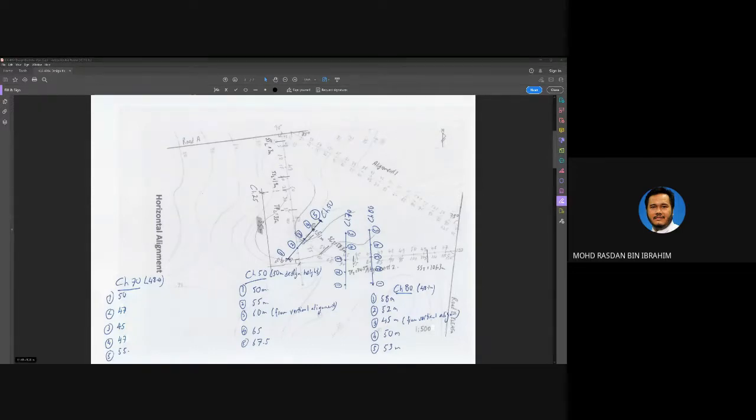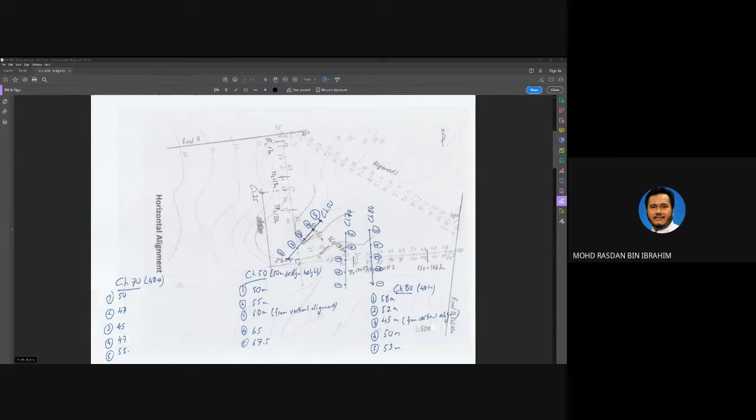This can happen when your radius is very small. In those cases, what you need to do is try to increase the radius. Okay, if it still cannot, you can say that your road does not require superelevation transition.